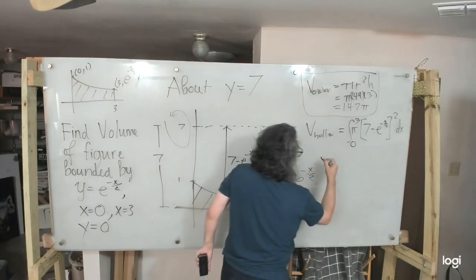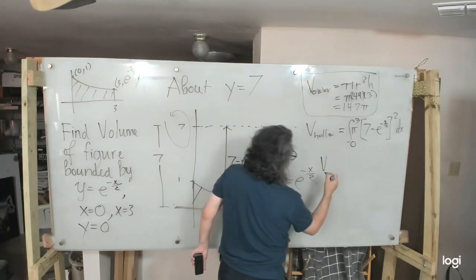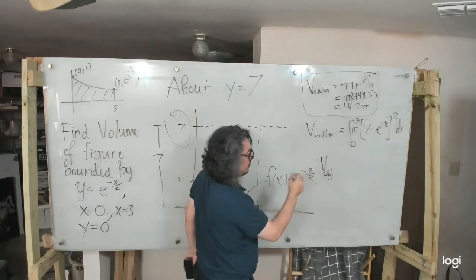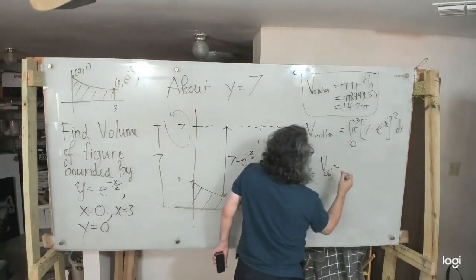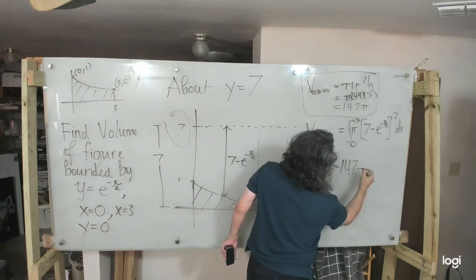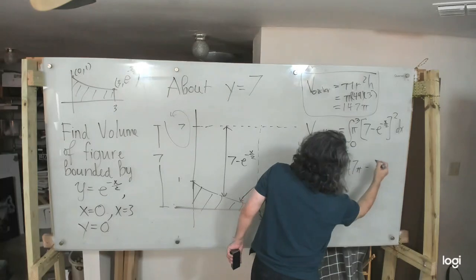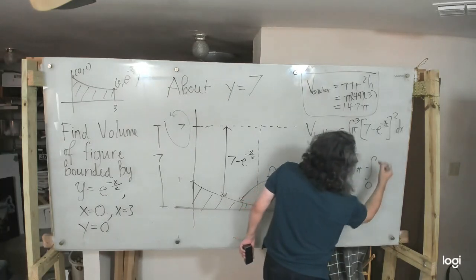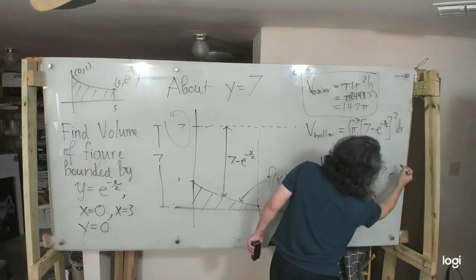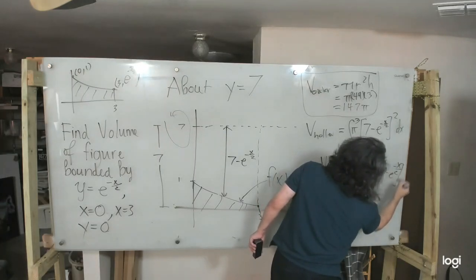So the volume of interest to us, the volume we care about, the volume of the object, I'll just put OBJ to represent object, is going to be the volume of the outer, 147 pi, minus the integral from 0 to 3 of pi times 7 minus e to the negative x over 2, close parentheses squared, dx.